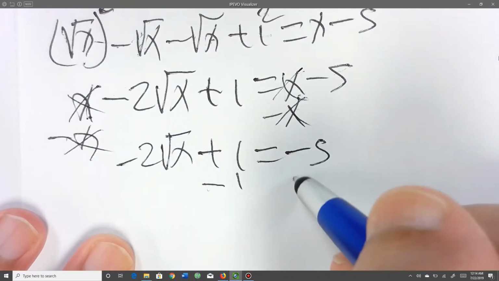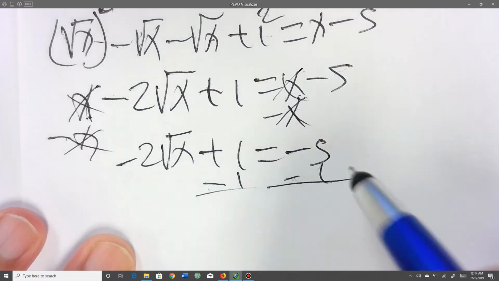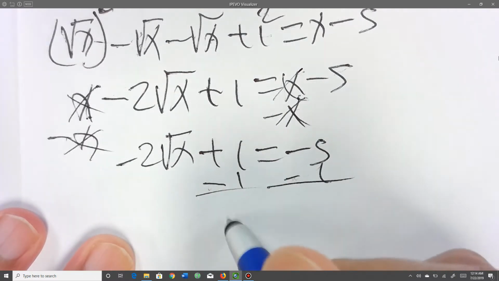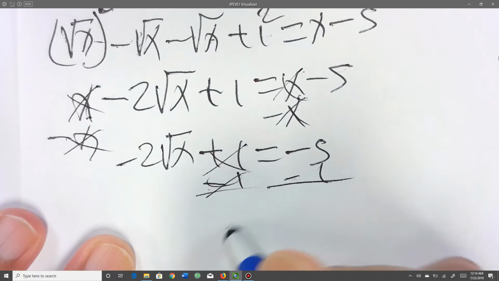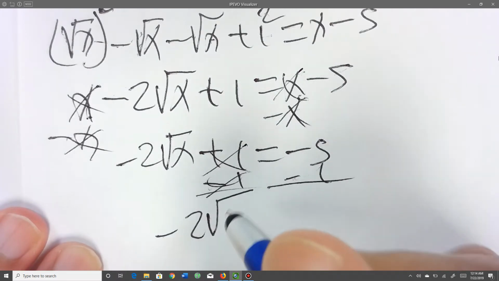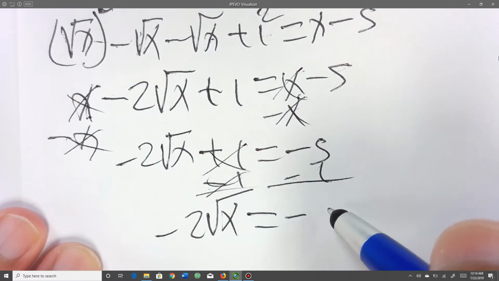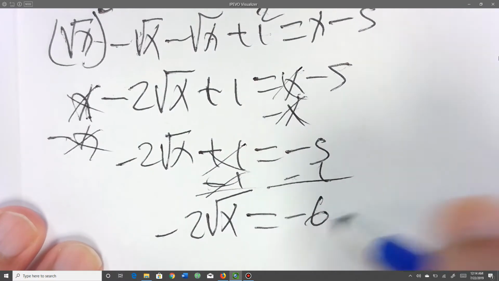Use the addition principle here to combine like terms, and this adds up to 0, so I'm rewriting my negative 2 times square root of x. This adds up to negative 6.